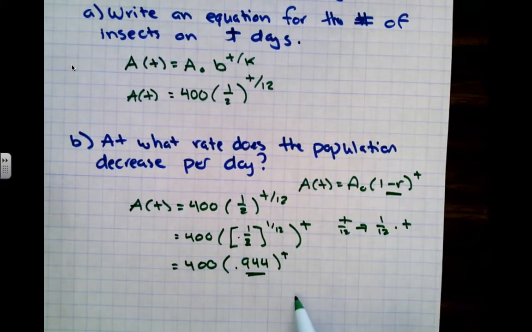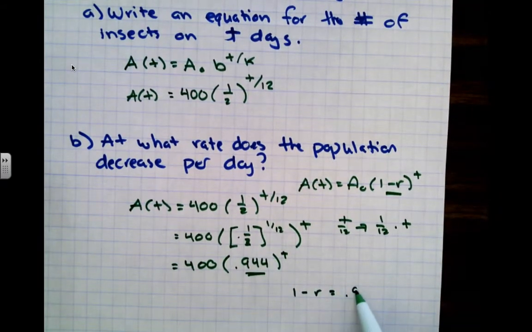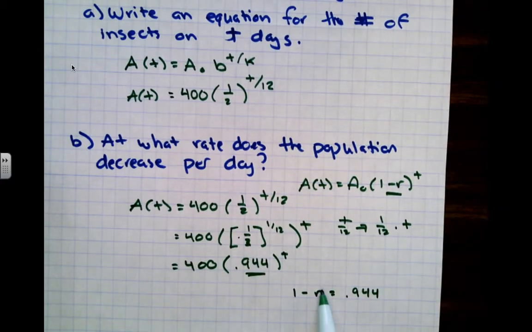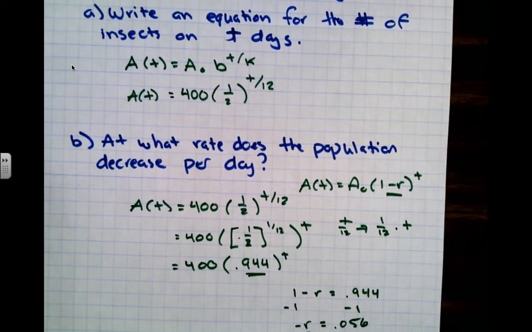Now, what we have to do is make this 0.944 look like 1 minus r. To do that, all I'm going to do is set these two equal to one another. Because once I solve for my rate, I can actually change it to this, and then I'll be able to work with my rate from here. So, if I subtract 1 from each side, I have negative r equals negative 0.056. Divide each side by negative 1.